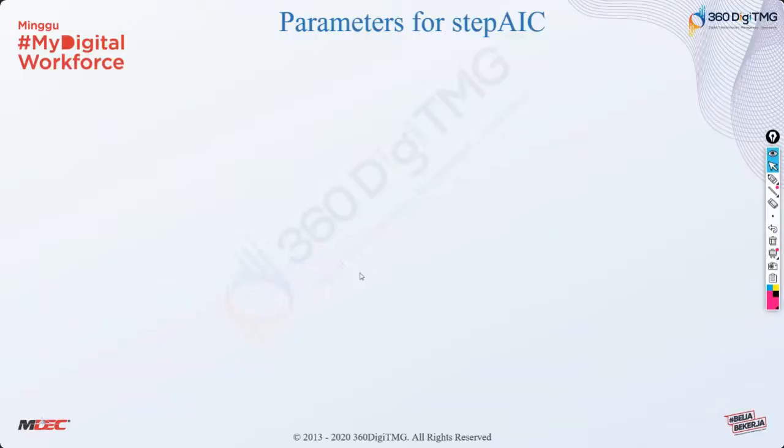Step AIC is a function which does this automatically; you don't have to do it manually. Whenever you apply the step AIC function, you are going to pass two parameters.